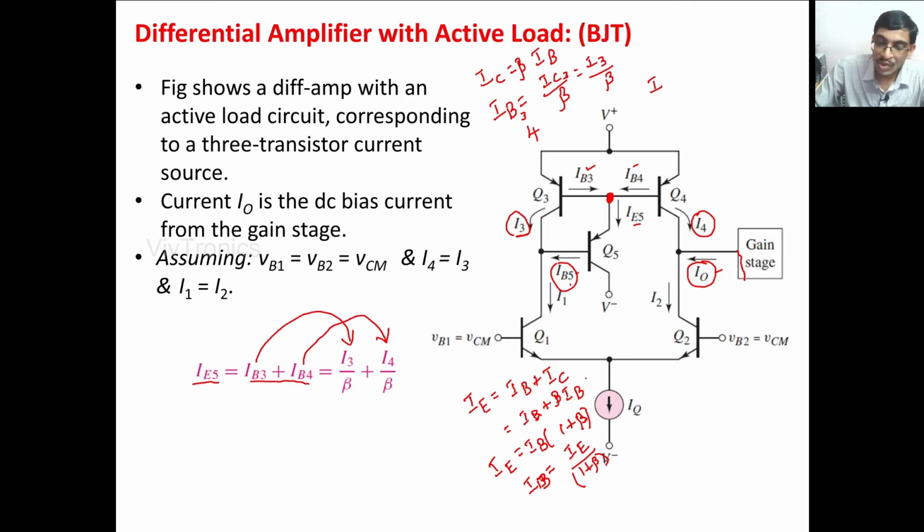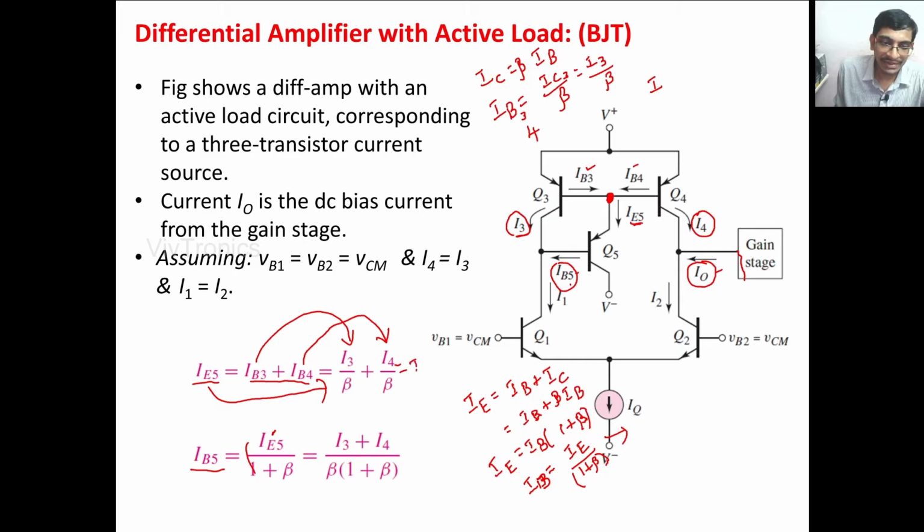So now I am using this relationship to relate the IE5 and IB5 equations. We know IB5, the base current of the Q5 transistor, is equal to the emitter current divided by 1 plus beta. And we know IE5 is equal to I3 by beta plus I4 by beta.